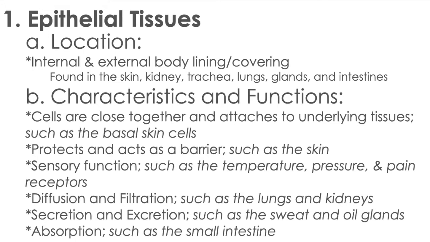You're going to have glands that will secrete and excrete different materials such as oil or sweat. And then you have absorption through little villi or microvilli, which are like little fingers in the small intestine that absorb nutrients into the bloodstream.